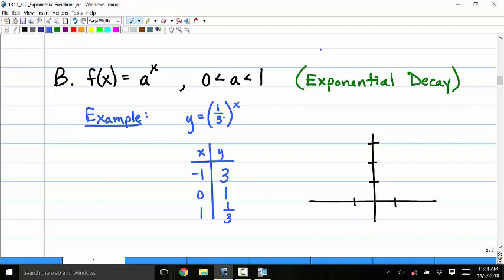When x was 0, it was 1, and when x is 1, it is whatever the base is. And that was true on exponential growth and decay. Okay, go plot those 3 points: -1, 3, 0, 1, and 1, 1/3.